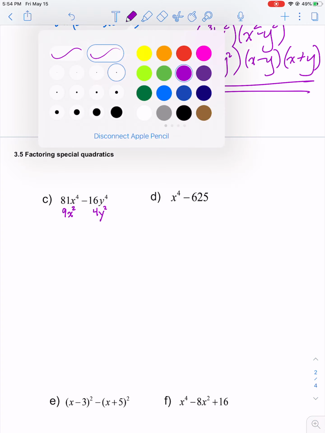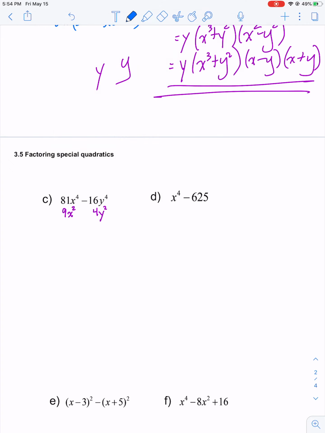So then that means that this must equal, so it is subtraction, so it is difference. So that would be 9x squared minus 4y squared, and then 9x squared plus 4y squared.